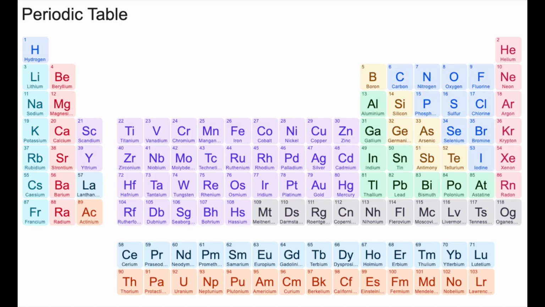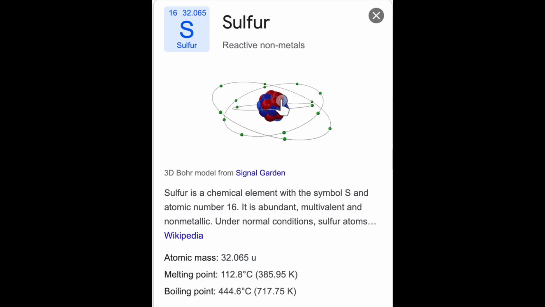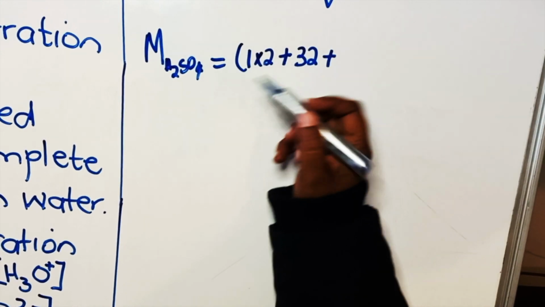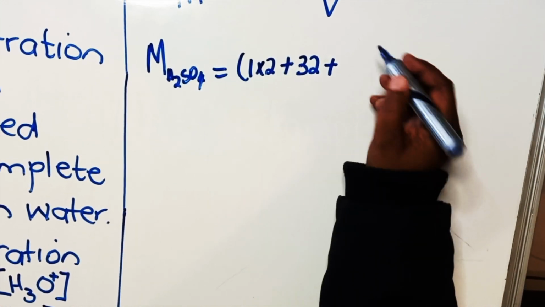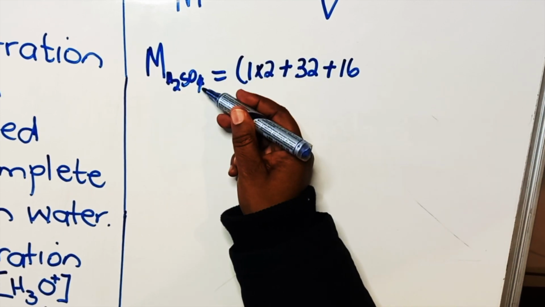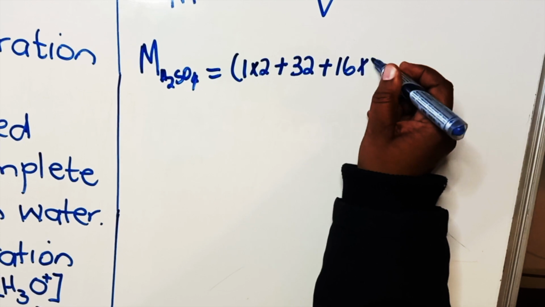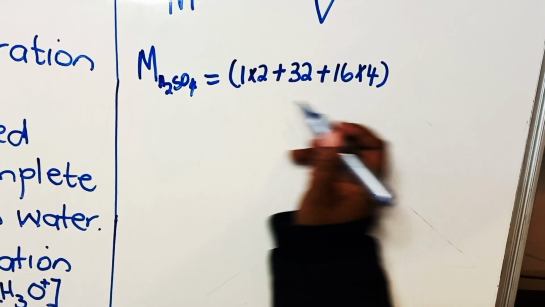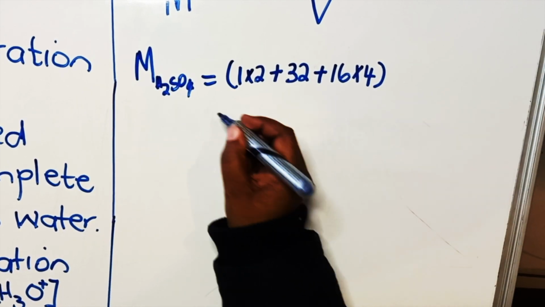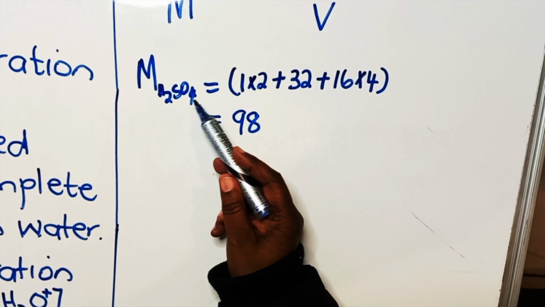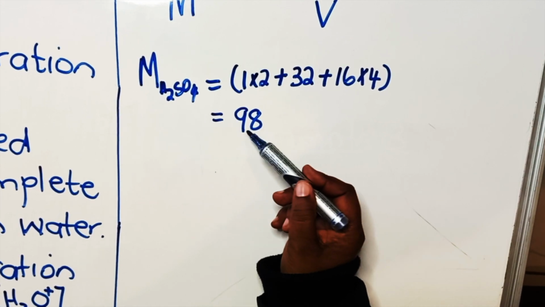In your periodic table, the molar mass for sulfur is 32. And then plus, the molar mass for oxygen is 16, but there are 4 of them. It's H2SO4, so that will be multiplied by 4. And then, when you punch that in your calculator, you get 98. So the molar mass of sulfuric acid, H2SO4, is 98.